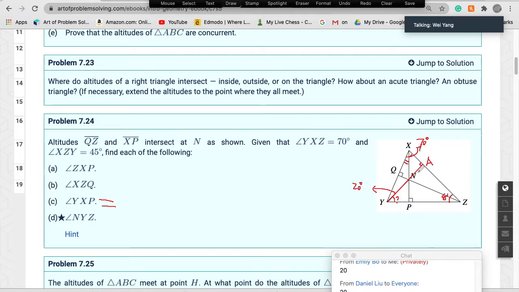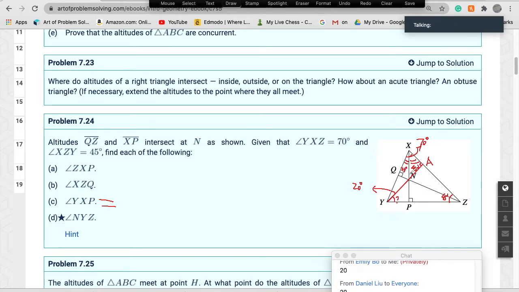That means this angle is also 45, because in triangle XPZ this is the right triangle. This one is 45, that means 70 minus 25, 45. Because this angle equals 25 degrees.